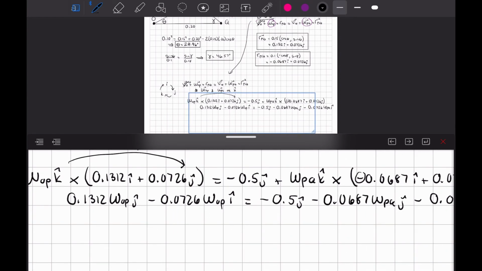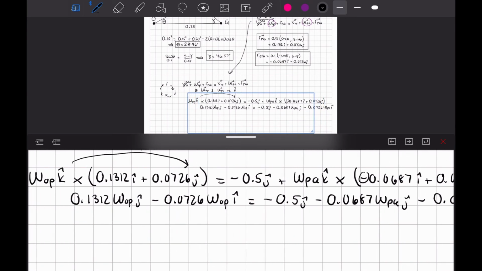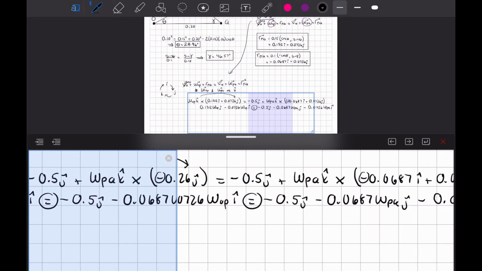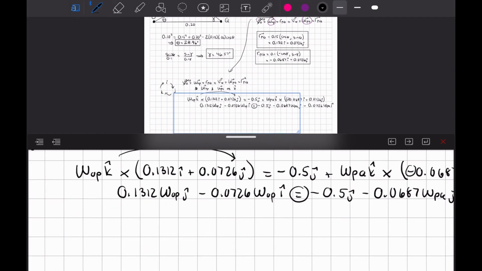Okay. Now here's the trick we're going to use to solve this problem. So we have some i-hats, j-hats, and everything else, but they're all under this equal sign. So what we can do is we can just collect terms. So with i-hat, we're going to collect all of our i-hat terms. So that's going to be negative 0.0726 omega OP. And what's that going to be equal to?